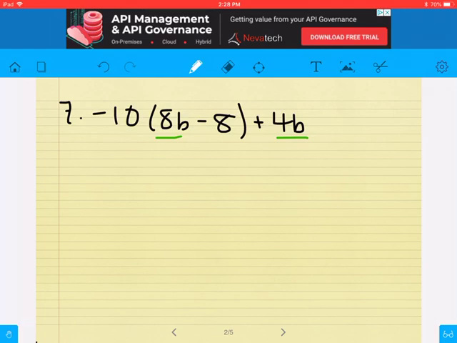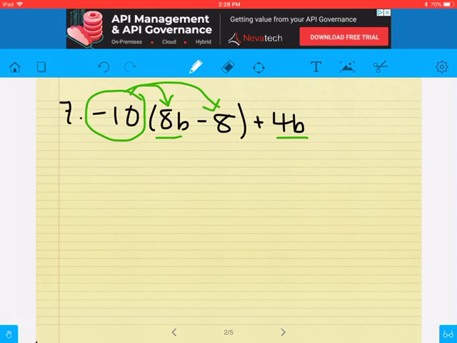So first thing we need to do, just like in PEMDAS, is get rid of the parentheses. To do that, we're going to use the distributive property, which means we take this negative 10 that's outside of the parentheses and distribute it to everything inside the parentheses.